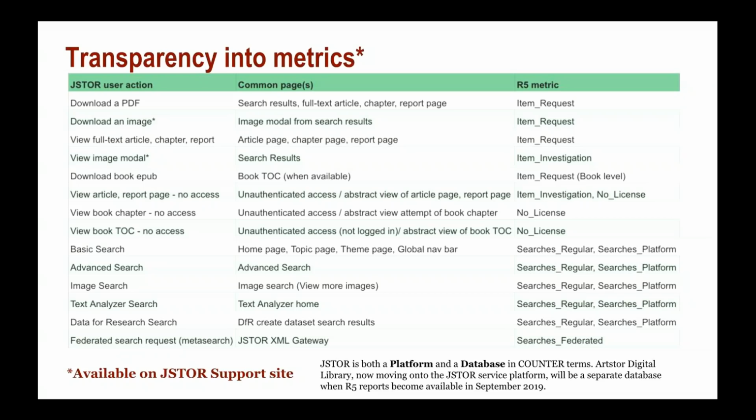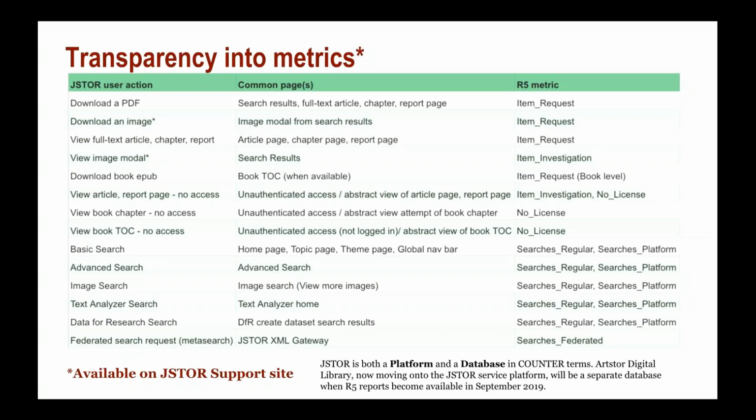The idea of the platform is that it's the underlying set of services that support all of the databases. Right now, in the way that JSTOR surfaces its collections and content types, it's all done through a single database, the main JSTOR site, and so they're really one and the same at the moment.